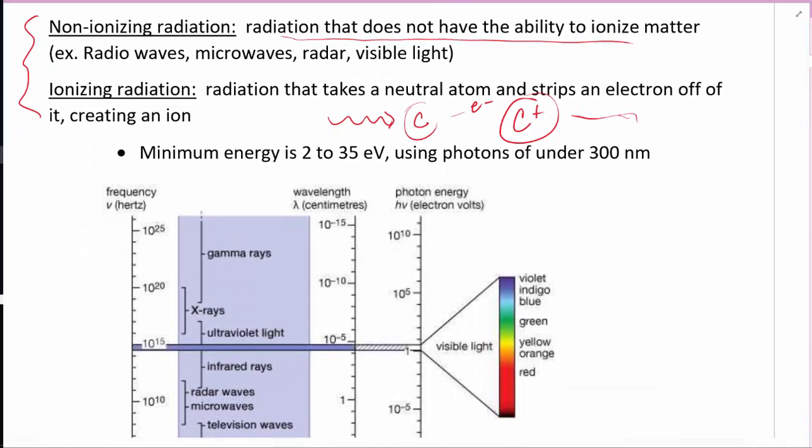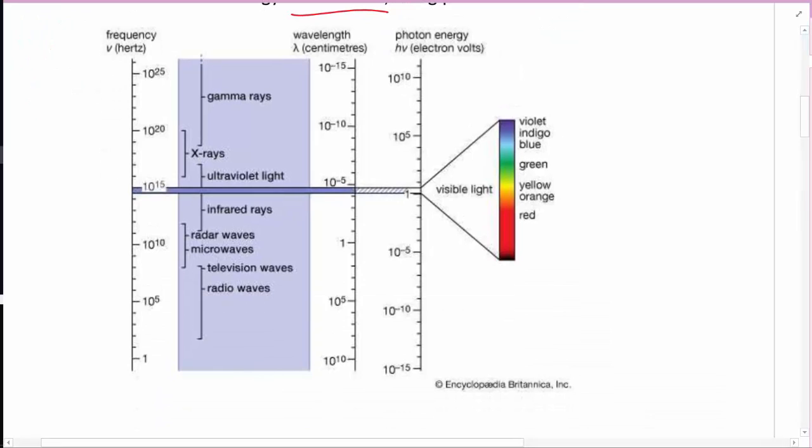So the minimum energy needed to do that is 2 to 35 electron volts. So that's photons or wavelengths of light that are under 300 nanometers. But I really like this particular view of the electromagnetic spectrum, and the reason I like it is because of all this overlap in areas.